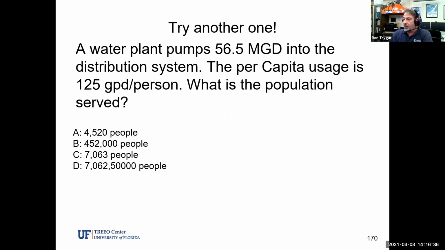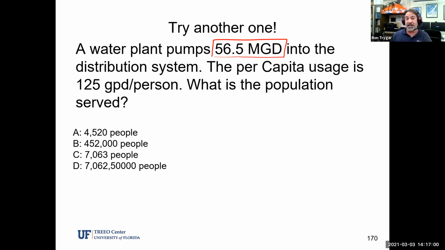A water plant pumps 56.5 million gallons a day into its water distribution system. The per capita usage is 125 gallons per person per day. So what is the population served? So we have 56.5 MGD. Remember what the formula is.